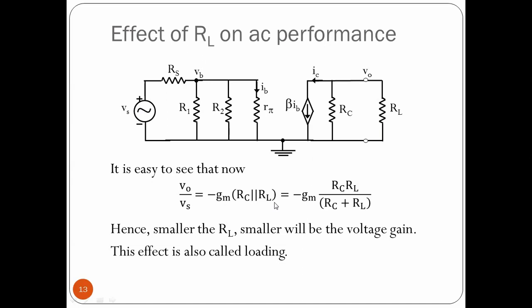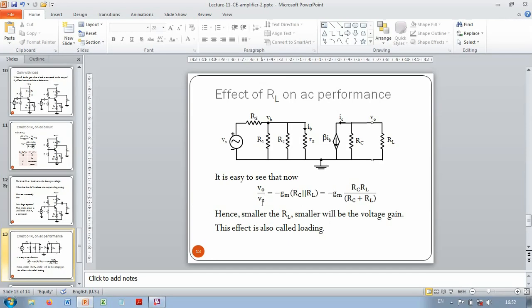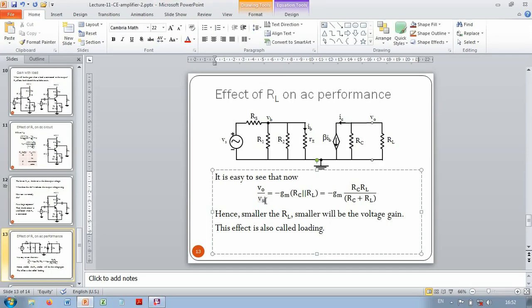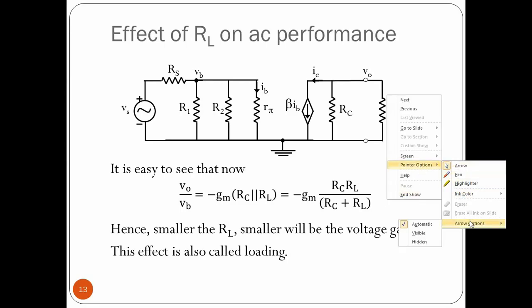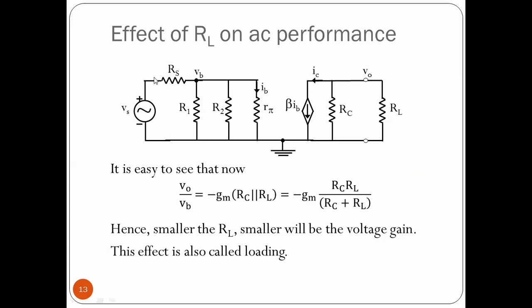Again, this is not the right circuit. I'm calculating actually not Vs, but I'm calculating VB. So let us just keep it at VB, so then we don't have to worry about the input voltage source RS, which is separate.